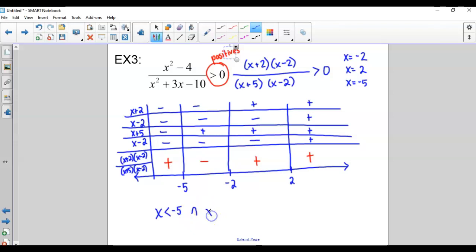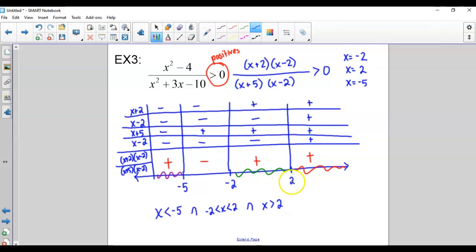And x, let's see, -2 is less than x less than 2. That's this section here. And then we also have anything larger than 2. So x is greater than 2.